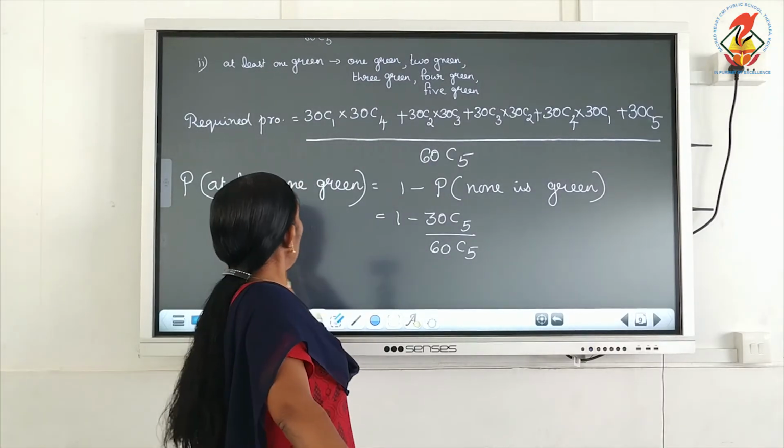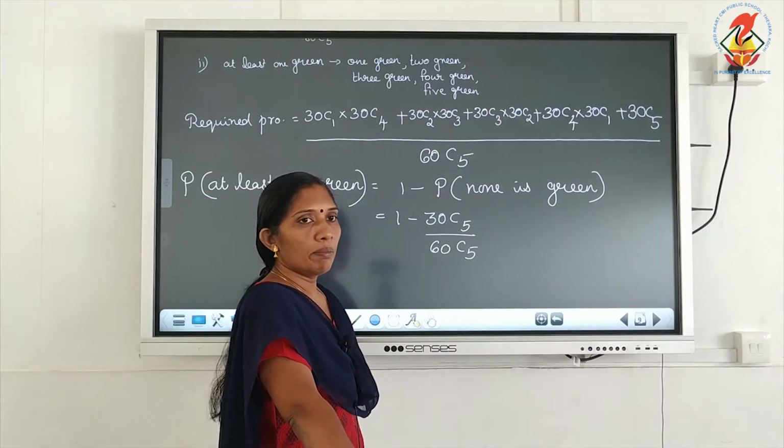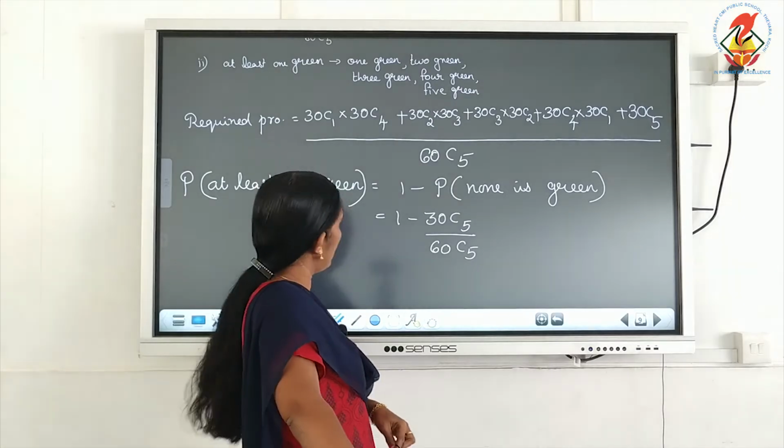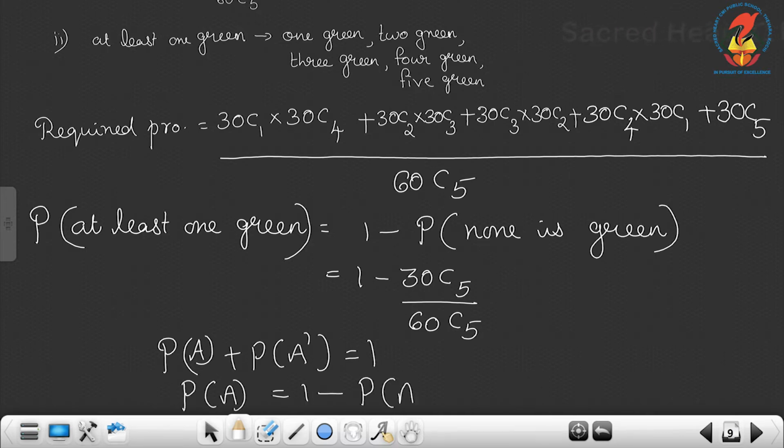Complement means, if this event is P of A, then we have to find P of A complement. If this is the event A, then we know that P of A plus P of A complement is equal to 1. So, P of A is the same as 1 minus P of A complement. This theory only we are using here.